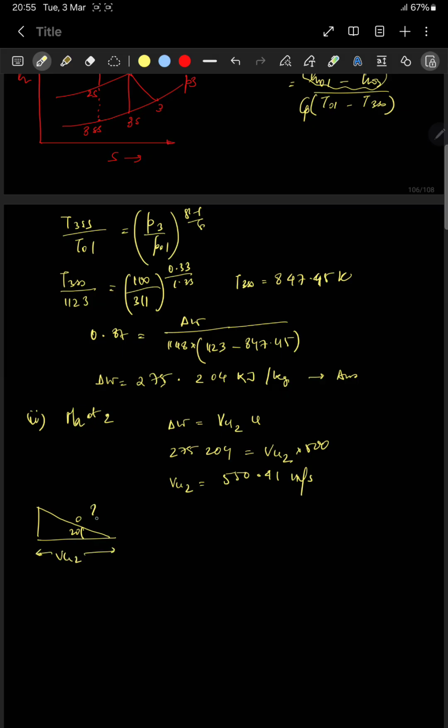We have to find this V. So VU2 by V is equal to cos 20 degree. So this divided by cos 20 degree, V equals 585.73 meter per second. Okay, this is V2, right?